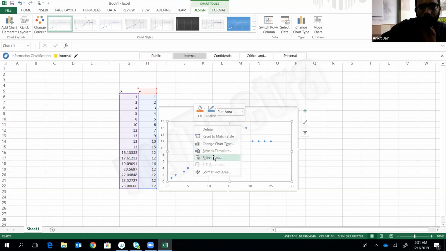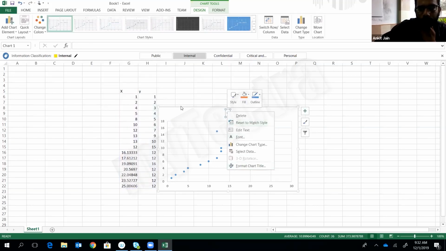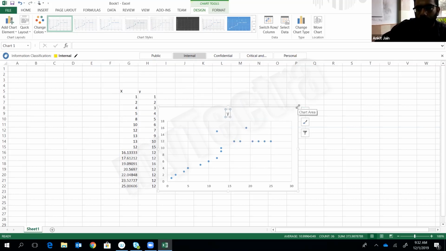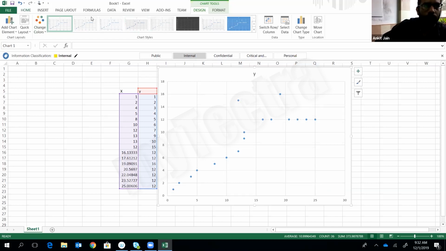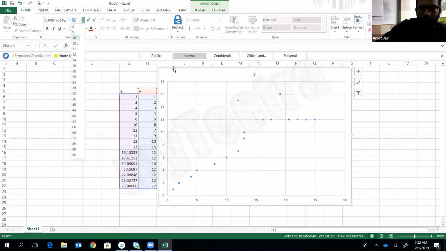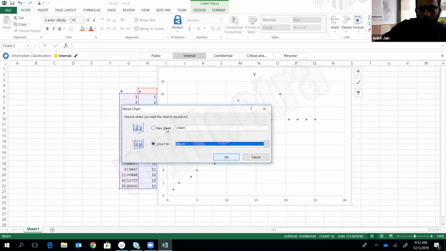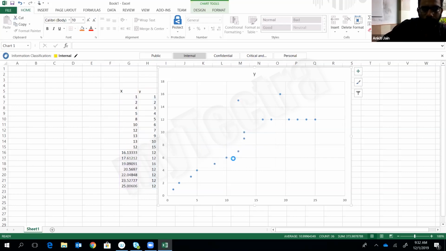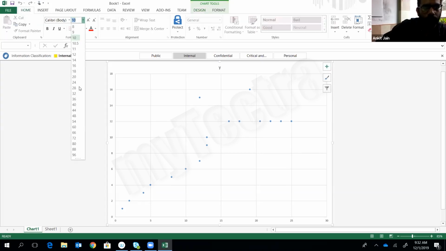So basically, I'm just plotting in the Excel file. I'll zoom it, don't worry. Let me change it to a new sheet. Move chart to new sheet. Increase.